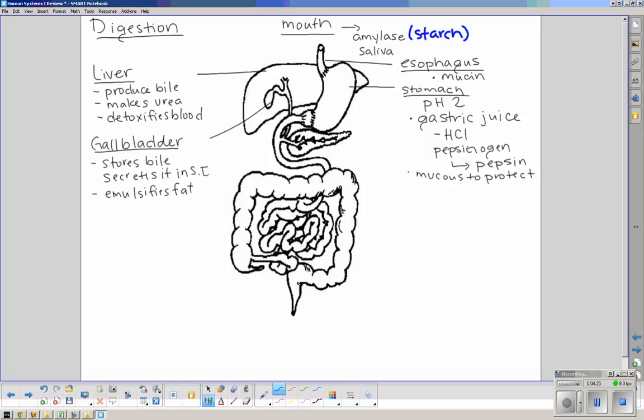So these are secreting into the small intestine. The first section of the small intestine is expanded right here. It has a special name. It's the duodenum. Also being secreted into the duodenum are secretions from the pancreas.